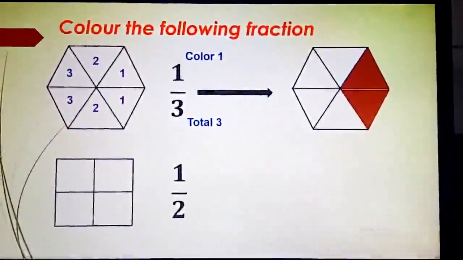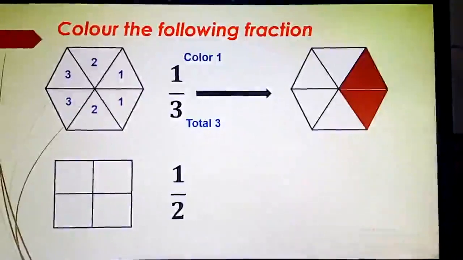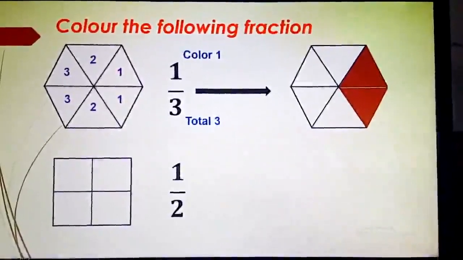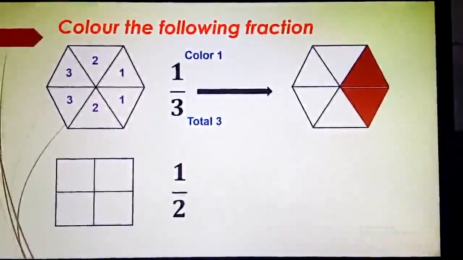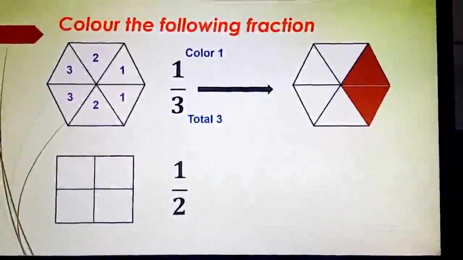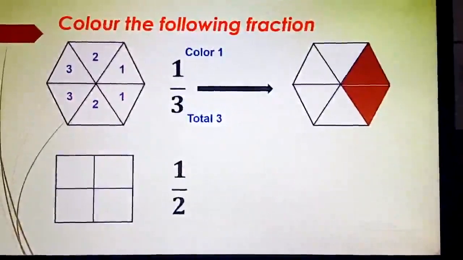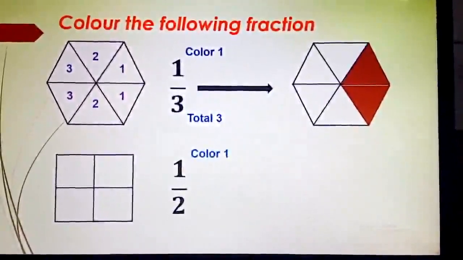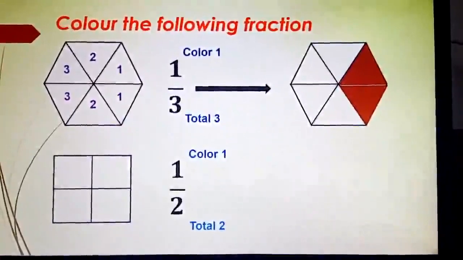Color half fraction. To color half fraction, 1/2 fraction, this means that we will take 1 from 2 or color 1 part from total 2 parts. But here the total parts are 4 parts. So let's count 2 parts and stop to color 1. Color 1, total 2. So count 2 parts, stop, color 1.